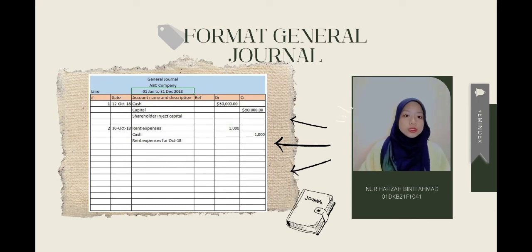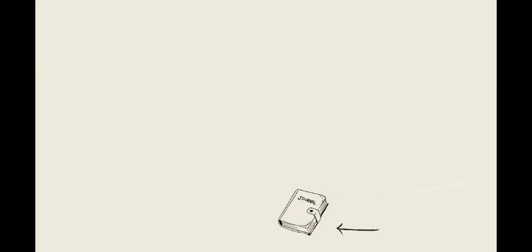Additional information that should be included is a reference and, more importantly, debit and credit. This is the key information that should be included in the journal format, and the format may differ depending on the entity's management decision.